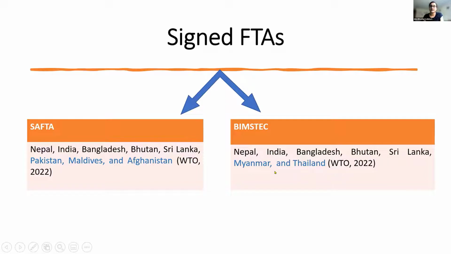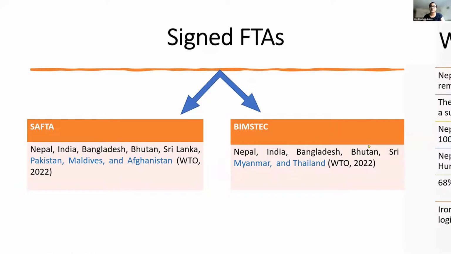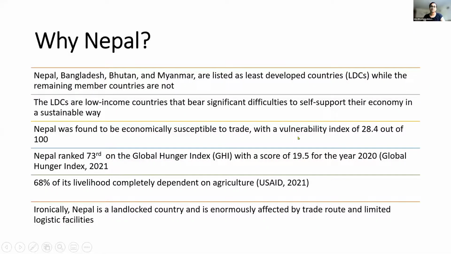But Nepal has very negligible trade flow with Afghanistan, Maldives, and Myanmar. So these 3 countries have been included in the rest of Southeast Asia while I was modeling in the GTAP model, or running the scenarios.